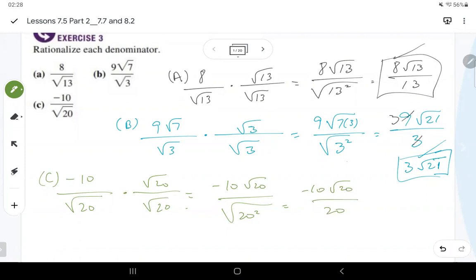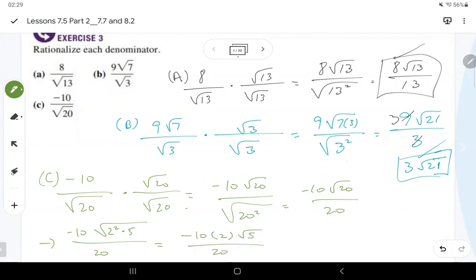What we also need to realize is that the square root of 20 can be broken apart here. So that's going to be negative 10 square root of 4 times 5, which is 2 squared times 5, over 20. So negative 10, we're going to bring out 2 times 2 square root of 5 over 20.